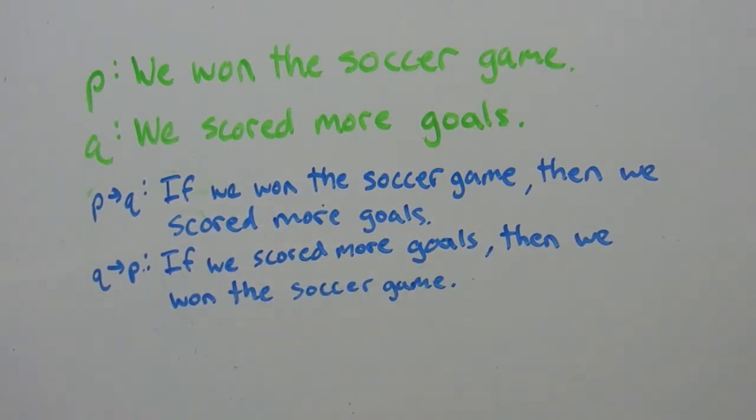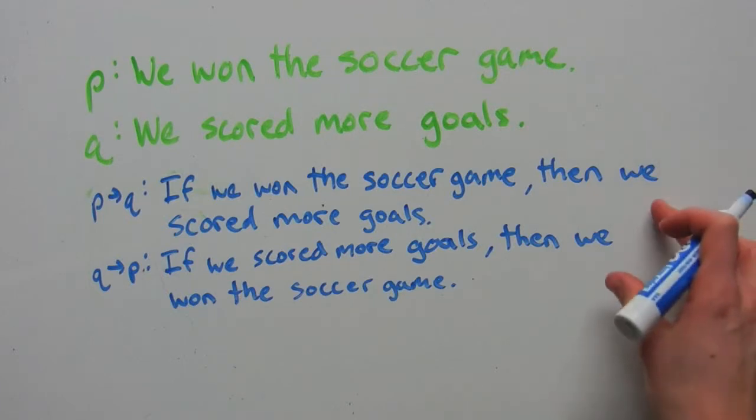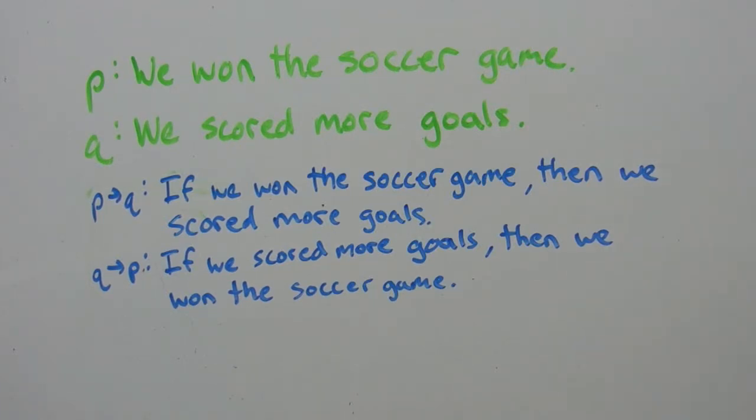Q implies P being that if we scored more goals, then we won the soccer game. We can see that both of these statements are true. If you win the soccer game, you score more goals, and if you score more goals, you won the game.